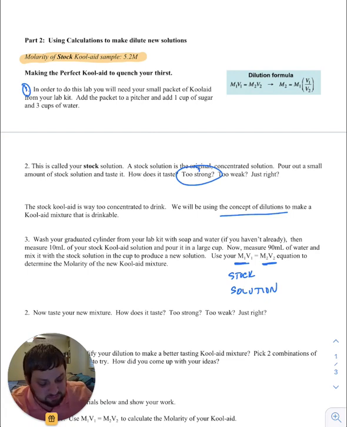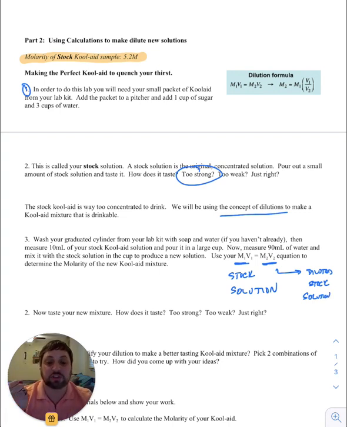And when we look at the second side, this is going to be the diluted stock solution. And what that means is it's going to be the stock solution and the water that you add to it.